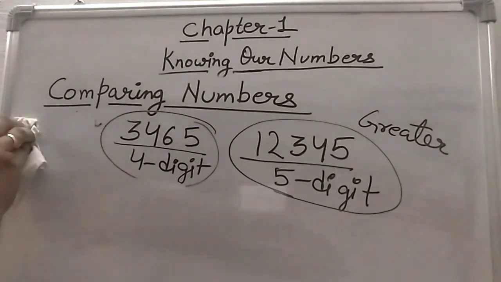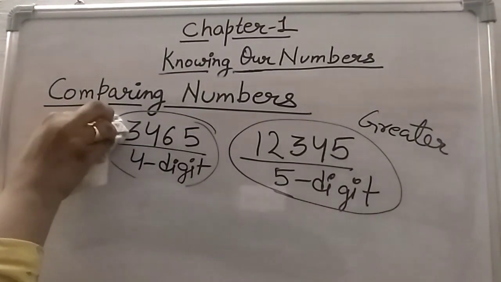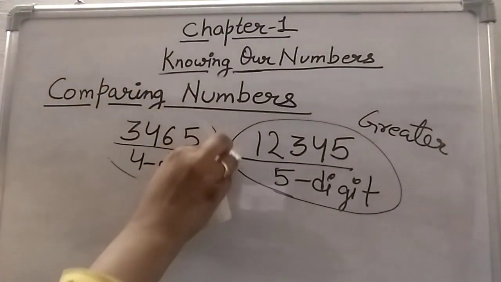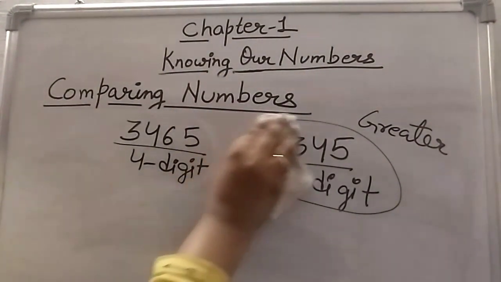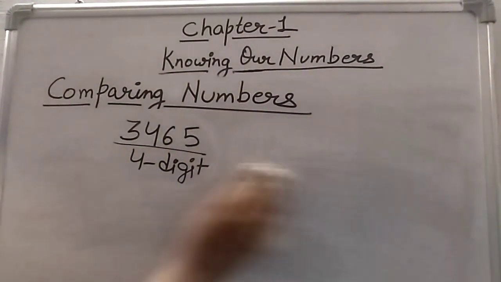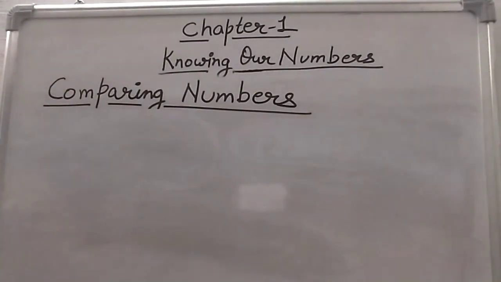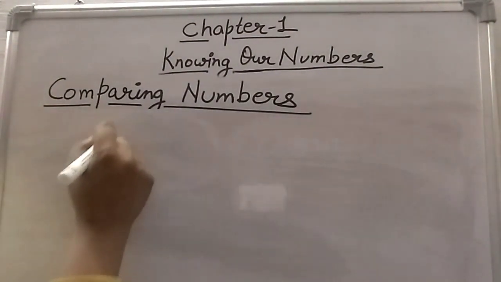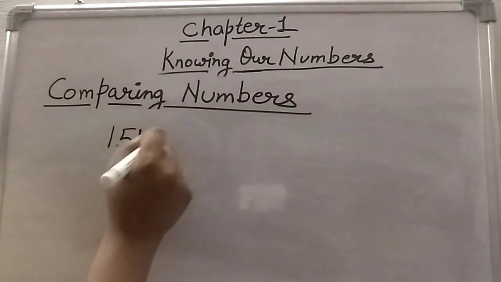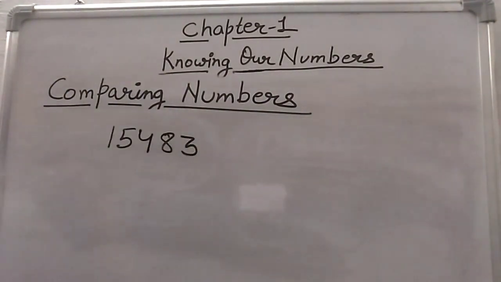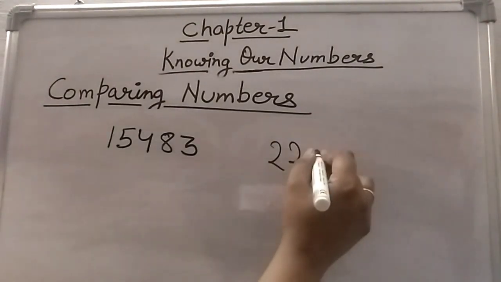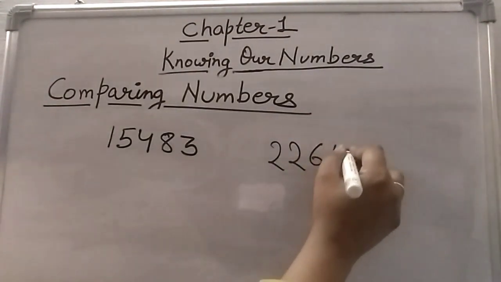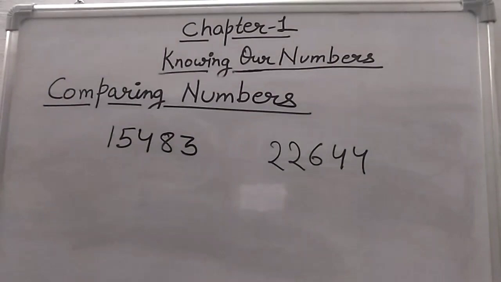Next, if the number of digits are the same in both the given numbers, then what will we do? For that I am taking 15,483 and 22,644.